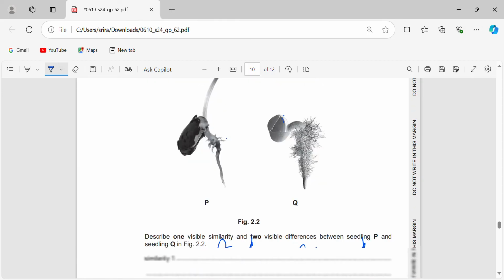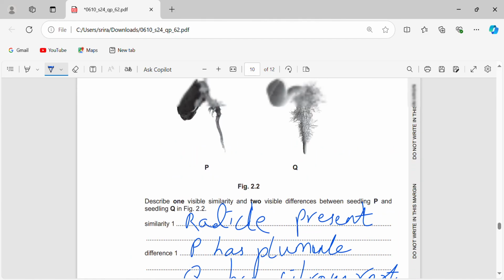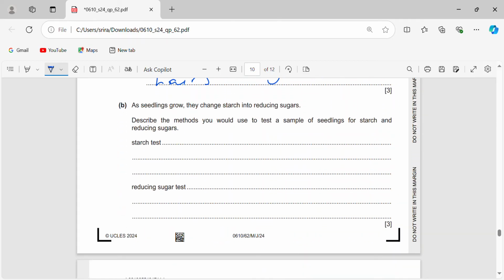So we can write it in terms of Q here. We can just write Q has fibrous root hairs. That's the first thing I thought of, because you can evidently see here it's just like little deviations from the root. Here it's like a fiber, it's like hairy looking. So that's a very obvious thing we can write.